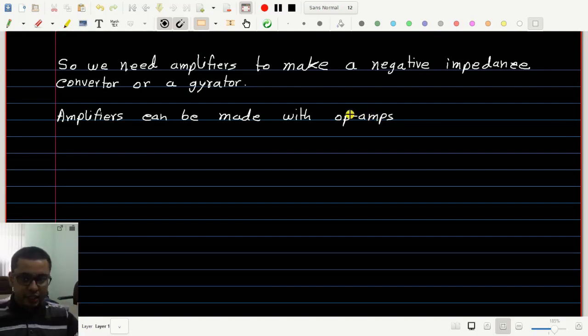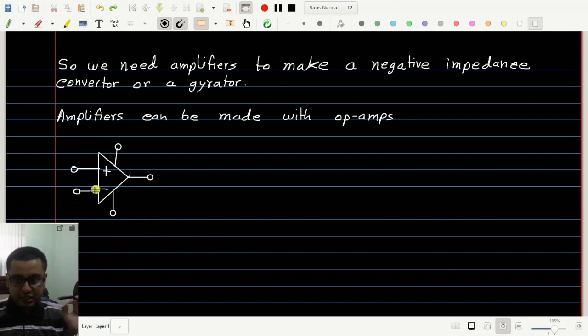I will just tell you how to make an amplifier in a simulator and then use that amplifier to make a negative impedance converter or a gyrator. This is the symbol of an op-amp. It has two input terminals which are denoted with plus and minus sign.